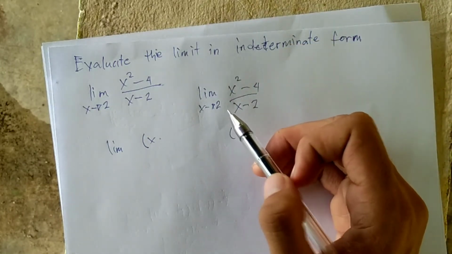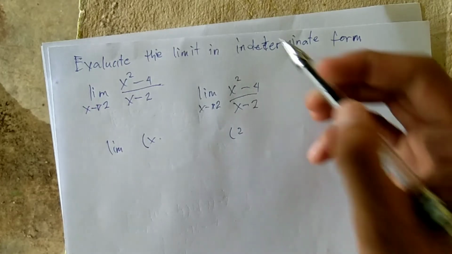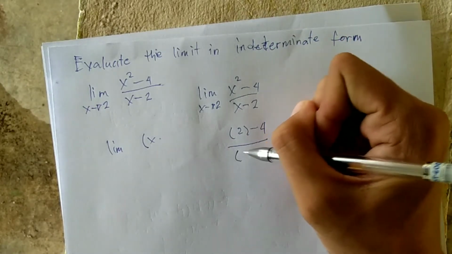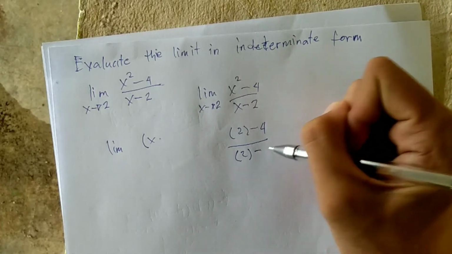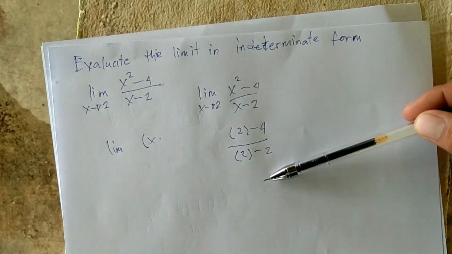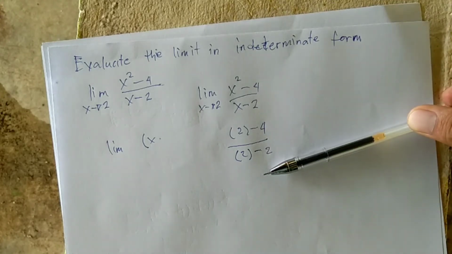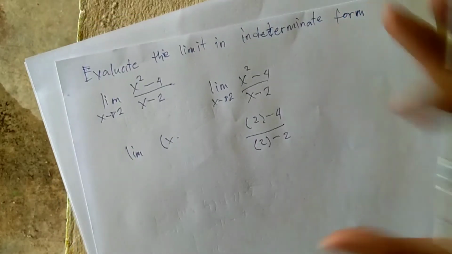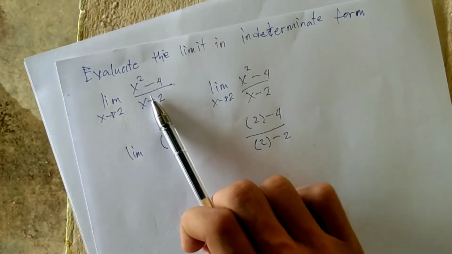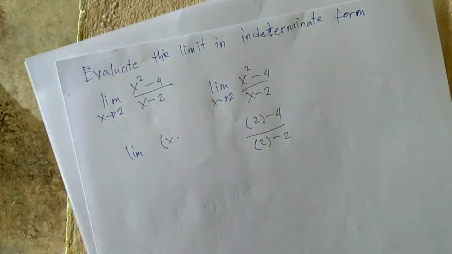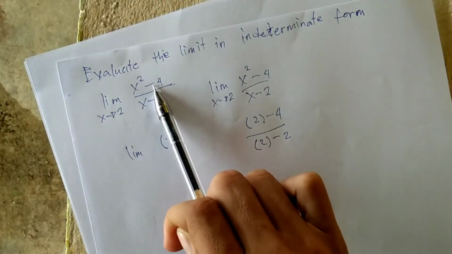When we do that, substitute the 2: 2 squared minus 4 all over 2 minus 2. So, it becomes zero in the denominator. So, that is the indeterminate form. What will happen is we factor the x squared minus 4.